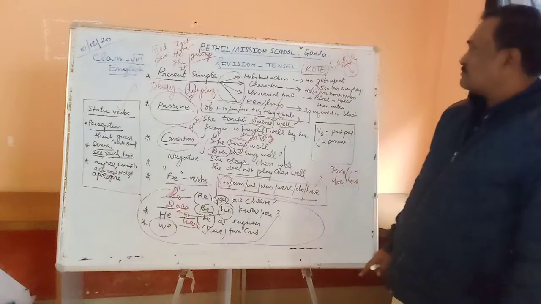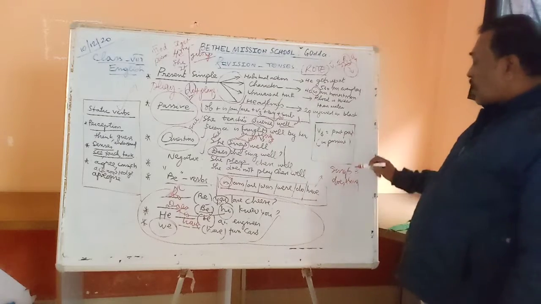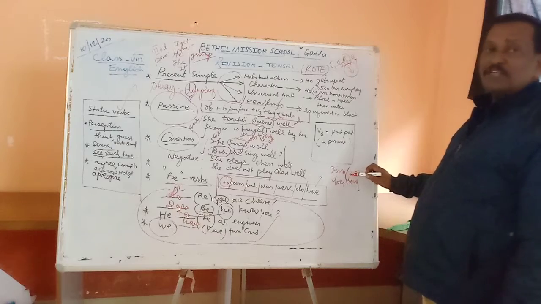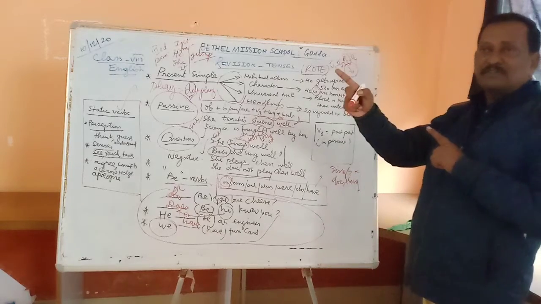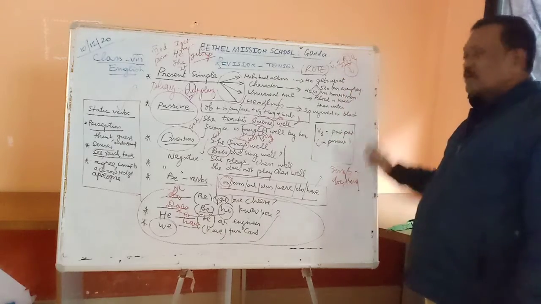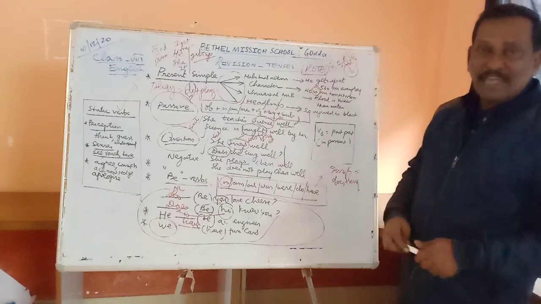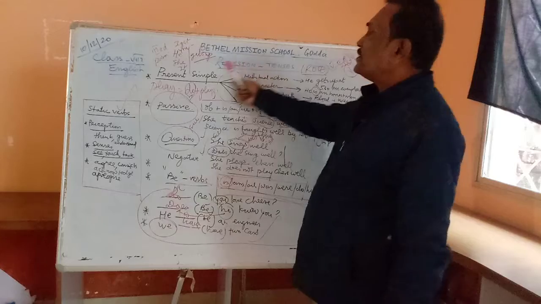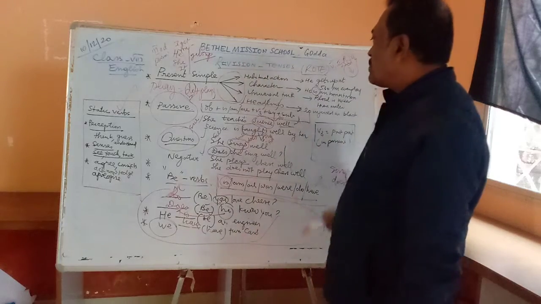I will be giving you some sentences today and know how to split the verb. When there is S in the main verb, does plus V1. Sings, does plus sing. When there is no S, it is only sing, do plus sing. So these are the important rules that you need to keep in mind.